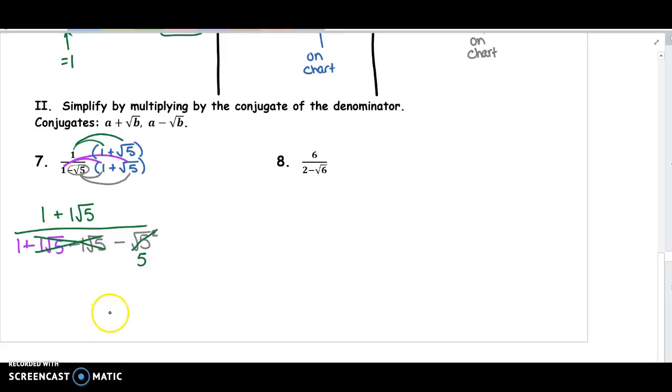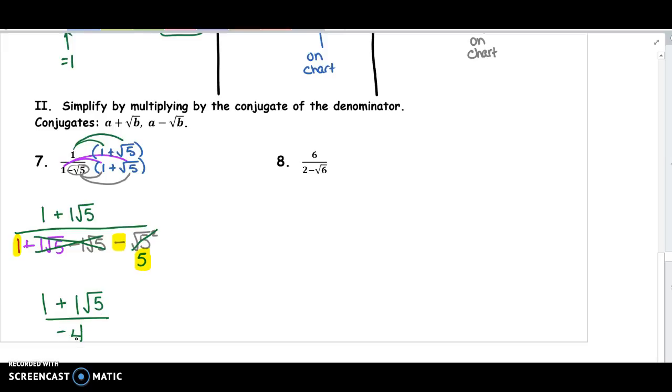Do you notice that the square roots all canceled each other out? So what's left in our denominator? We've got 1 minus 5. So we have 1 plus 1 times the square root of 5 over negative 4.